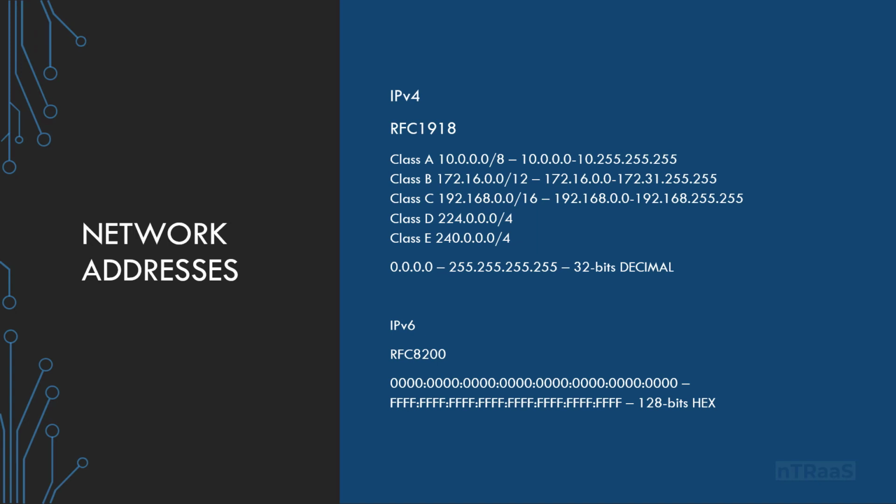So 64 bits total subnet length. That gives you, what, 16 bits of subnetting, and the other 64 bits for host addresses for each subnet.